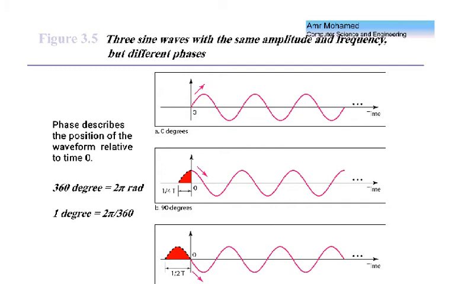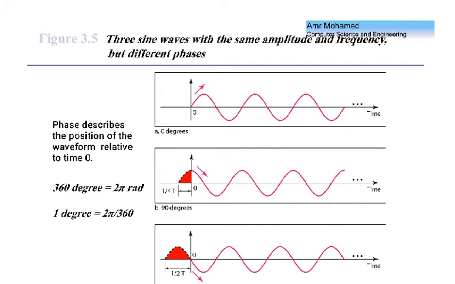Okay? The phase is measured using either degrees or radians. Degrees range from 0 to 360. Radians range from 0 to 2 pi, where pi is almost 3.14. Okay?